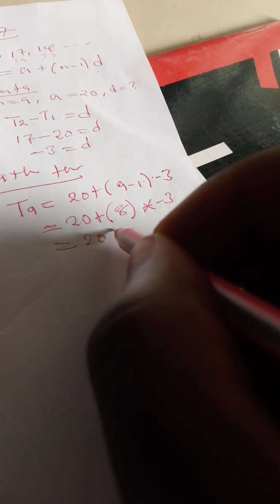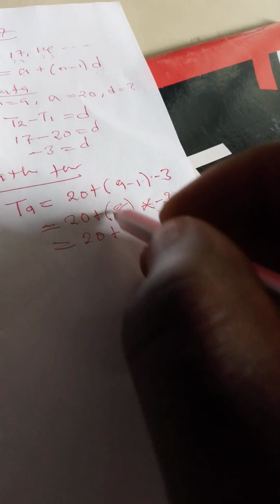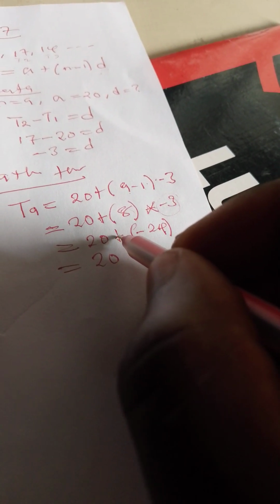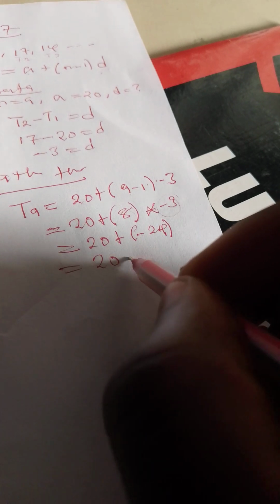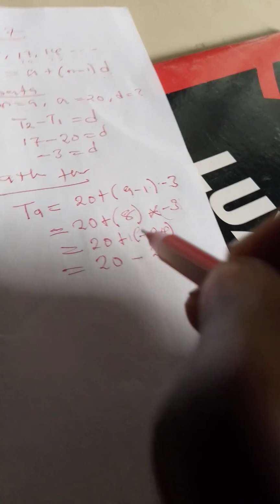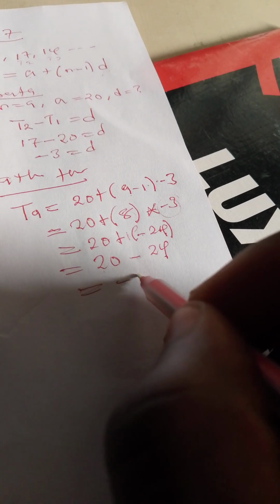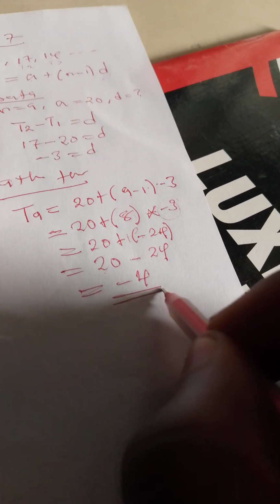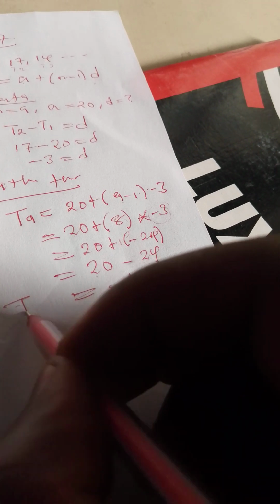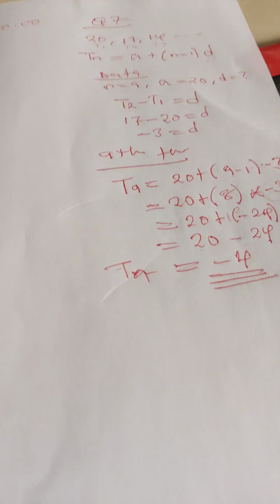So it is 20 plus negative 3 times 8, which is negative 24. Then you can distribute: positive multiplied by negative is negative 1, with a coefficient of 1 times 24 is 24. This is 20 minus 24, which is negative 4. So this is the 9th term of this given AP.